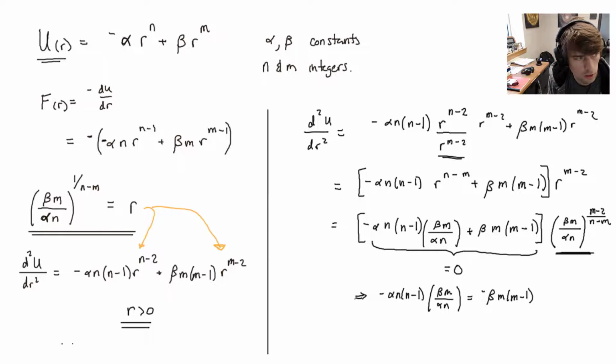First of all, the nice thing is the beta m cancels. The negative sign becomes a plus sign. And then the alpha n here cancels the alpha n there. What are we left with? We are left with n minus 1 is equal to m minus 1, or n is equal to m.